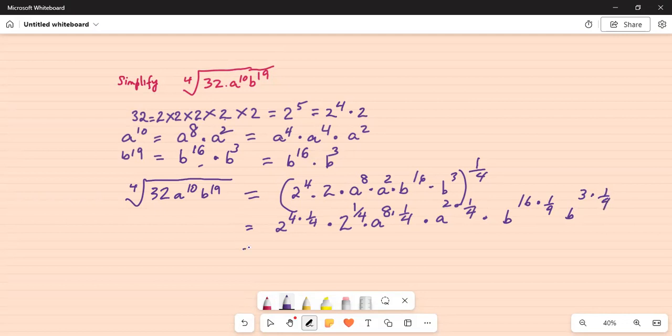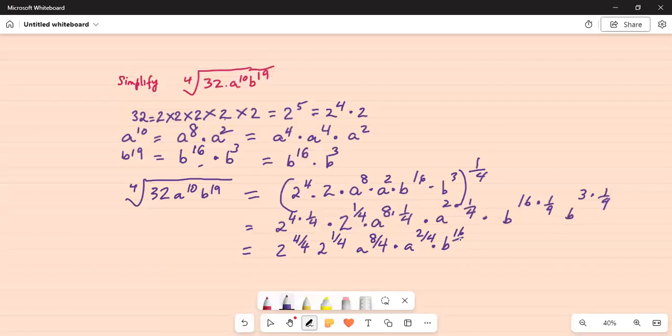Now this is 2 to the 4 over 4, which is 1, so 2 to the 1 over 4. a to the 8 over 4, times a to the 2 over 4. And b to the 16 over 4, times b to the 3 over 4.